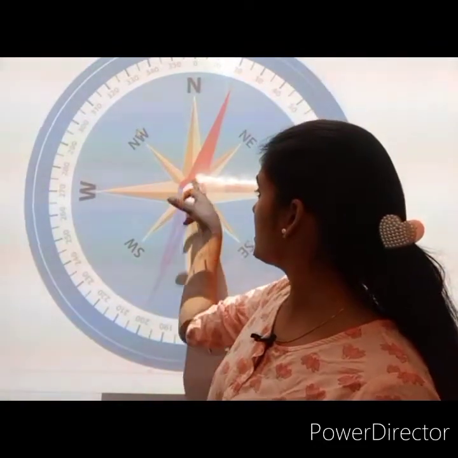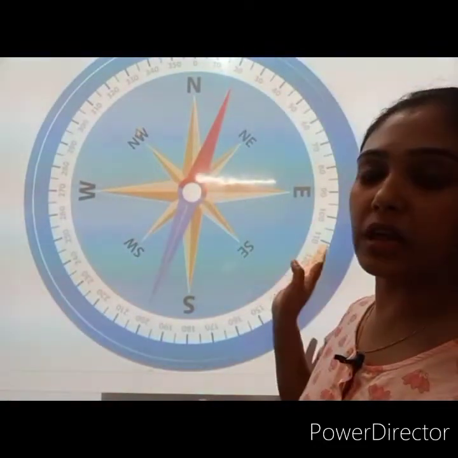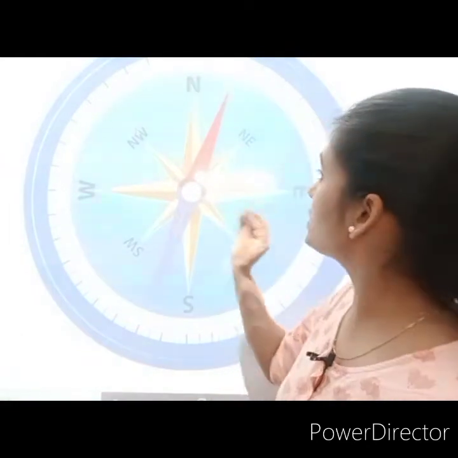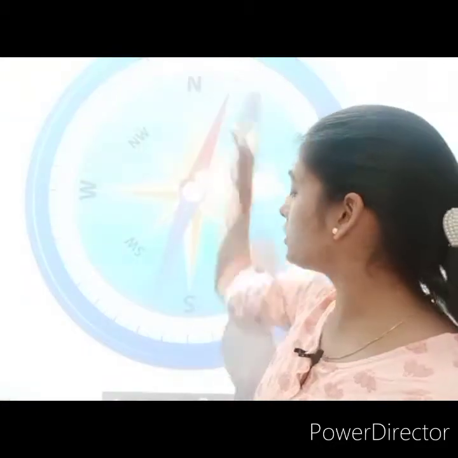Can you see this? This is a magnetic needle. It is used to find out directions, and the needle of the compass always points towards north. There are 4 main directions, you know that: north, south, east, and west.